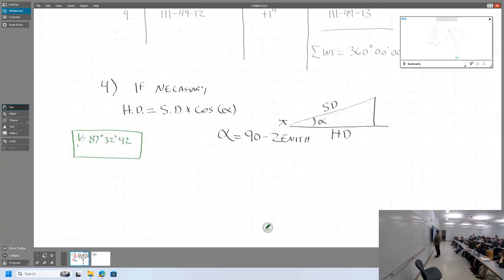And then you'll get HR on that faceplate, let's say it's 263, 34, 45. That V is the zenith, and that HR is the horizontal circle value here, okay?